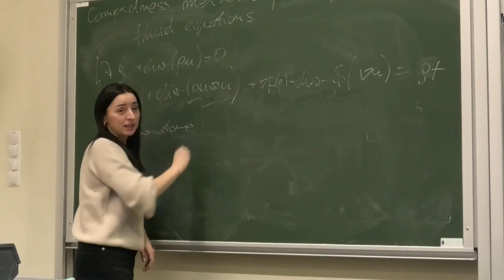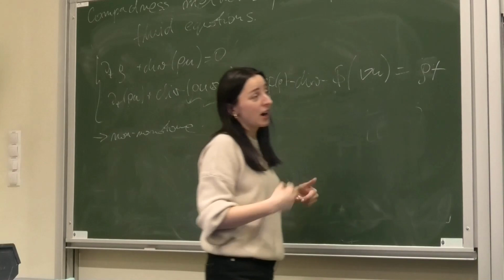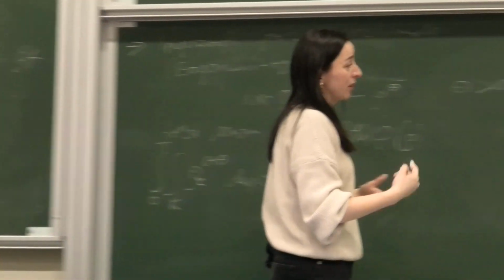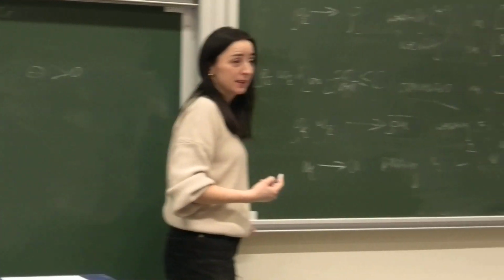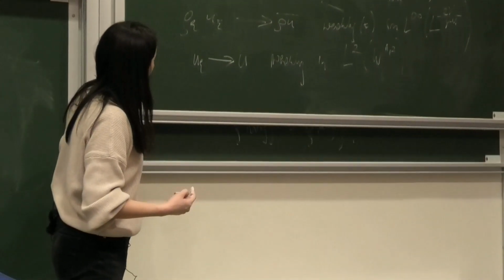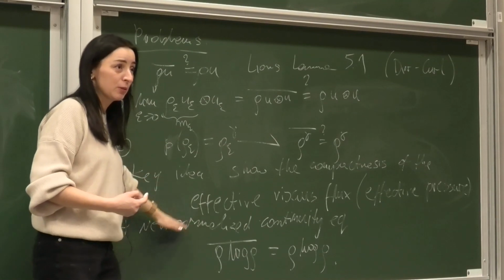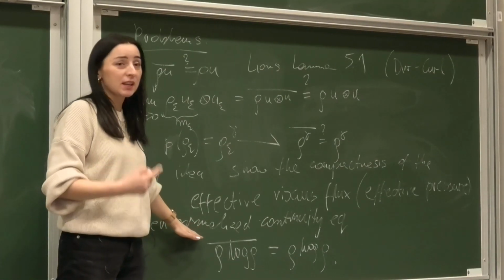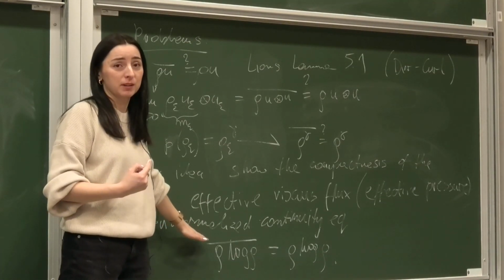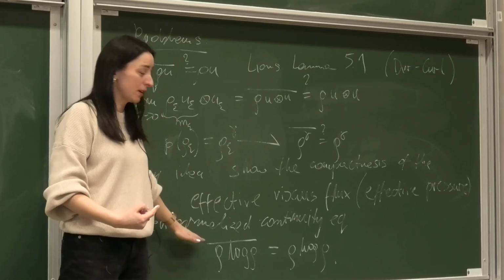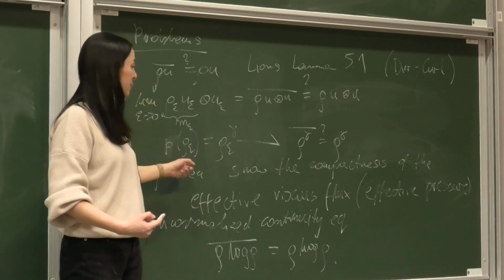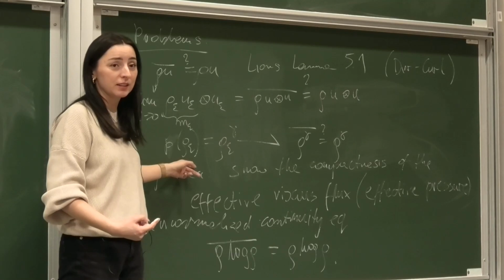function of the density, this argument of the effective viscous flux of this compactness, I didn't mention it, but this part here, comparison of these two techniques, uses heavily the fact that the pressure is a monotone function. If you have no monotone function, this argument doesn't work, and the biggest nonlinearity is not identified.